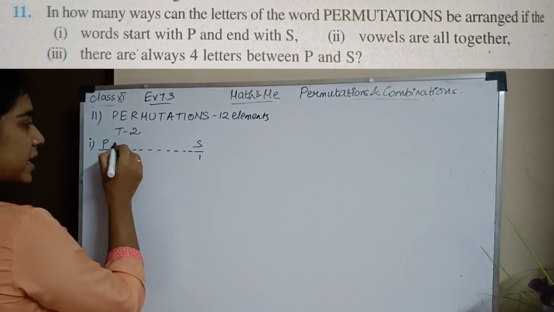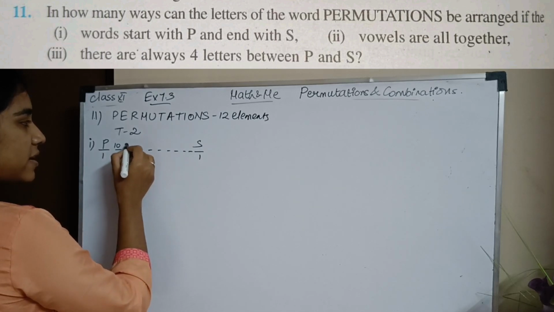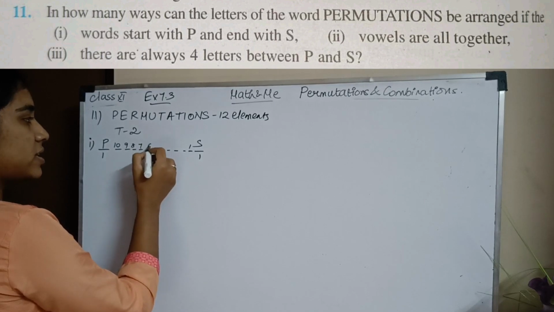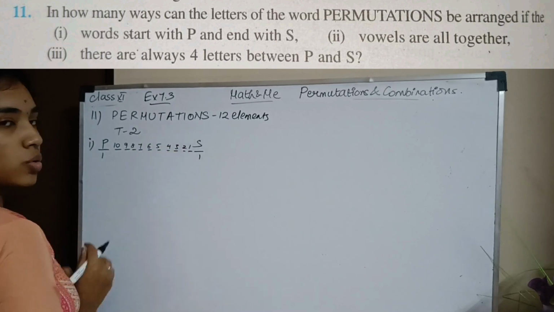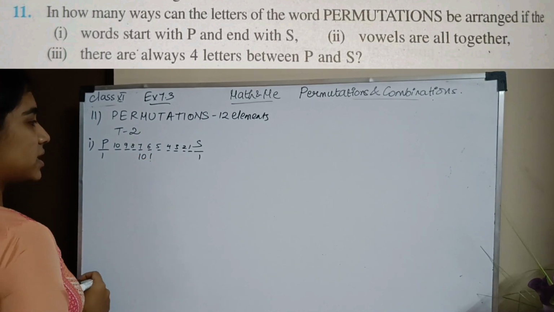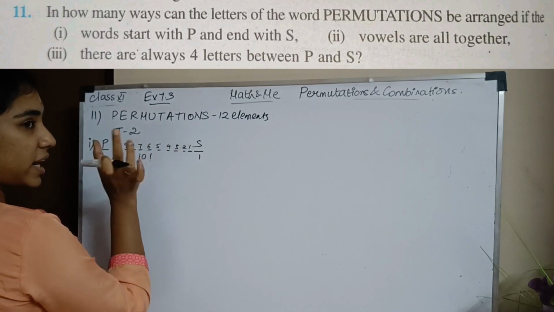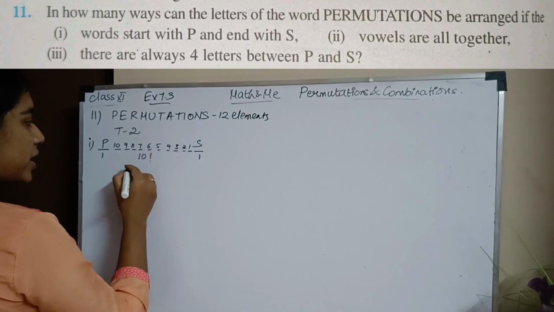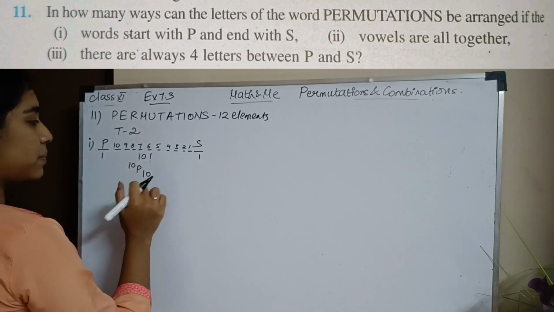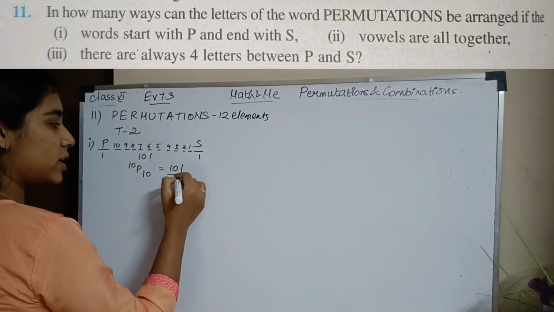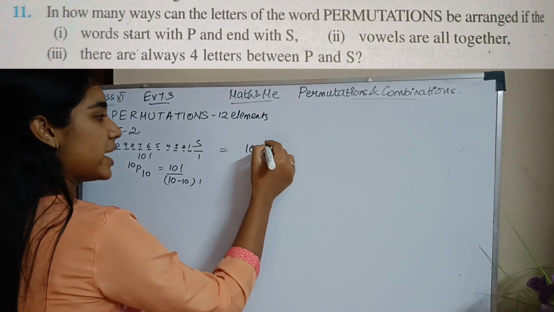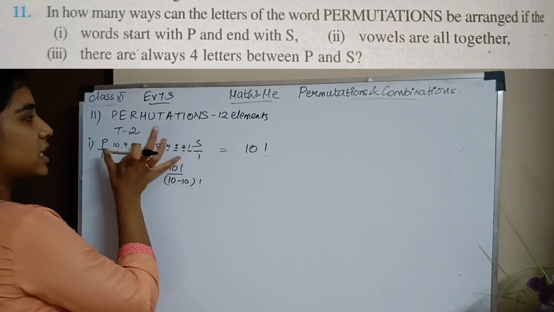For the second place I have 10 options, third place 9 options, similarly 8, 7, 6, 5, 4, 3, 2, 1. Basically, I have 10 factorial ways. I have 10 places and 10 elements in total, so I have 10P10 ways, which is 10 factorial divided by (10 minus 10) factorial, so that will also be 10 factorial.